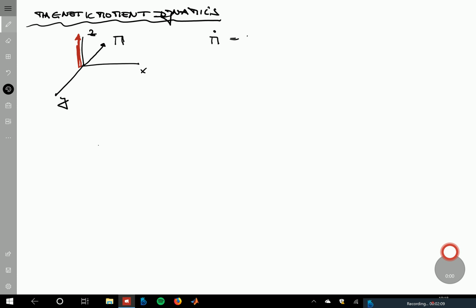In very short notation, this can be written like this. The rate of change of this vector is given by the cross product of its current state m and the magnetic field.